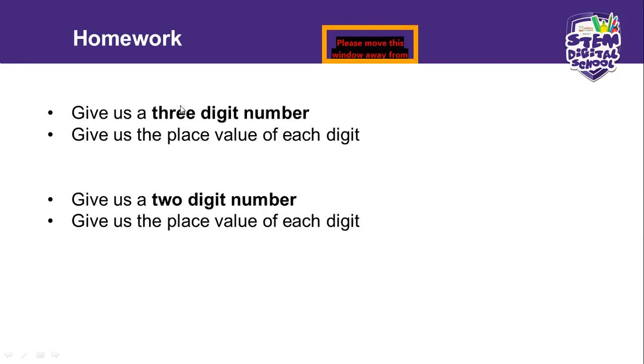So you are going to give us a 3-digit number, and also give us the place value of each digit. Okay? And then you're going to give us a 2-digit number of your choice, and then you will give me the place value of each digit.